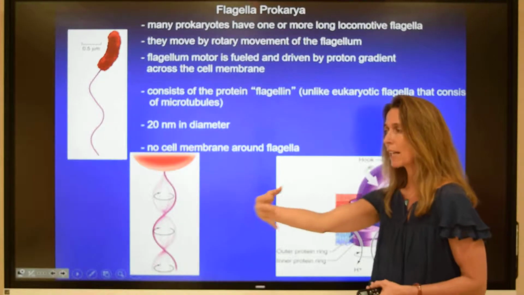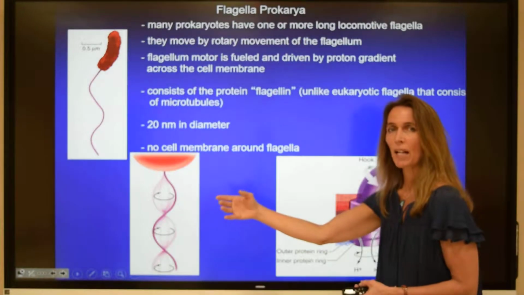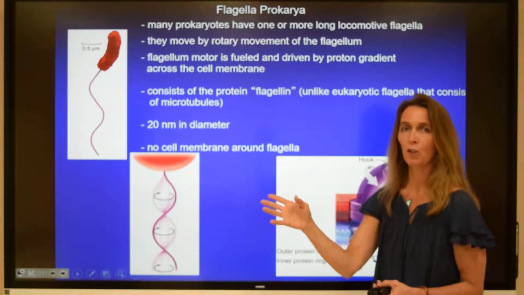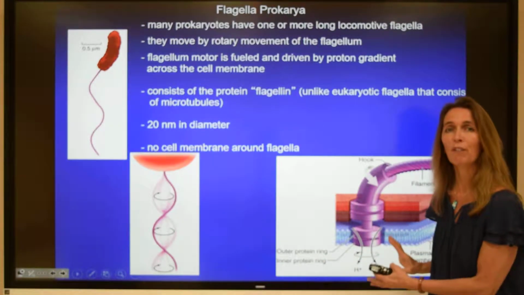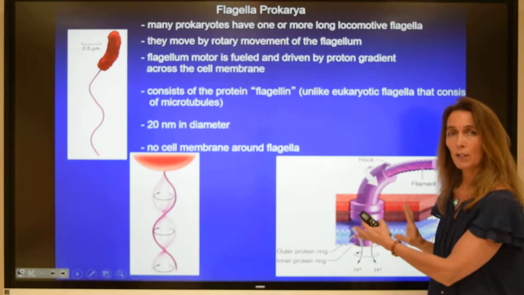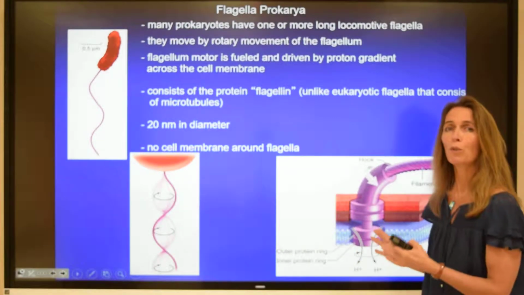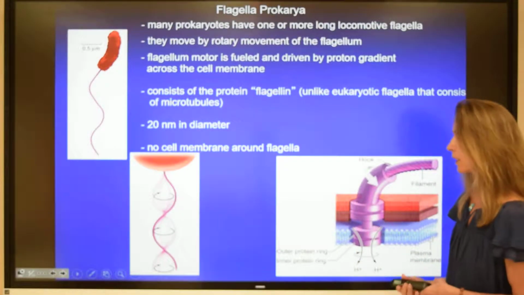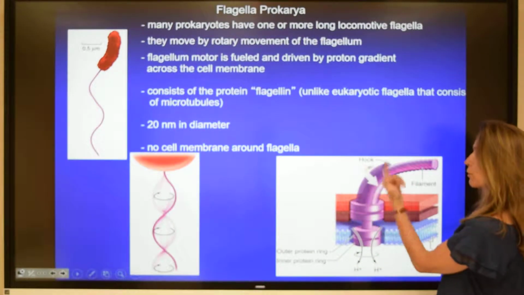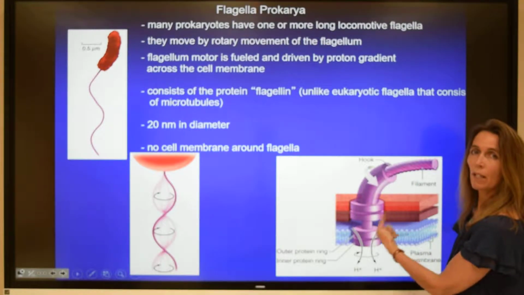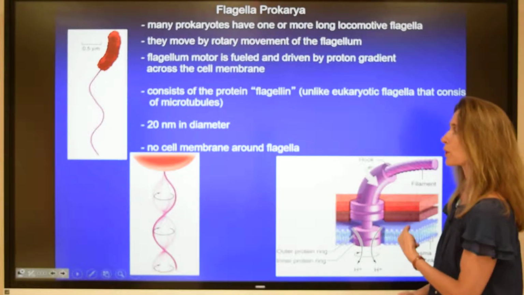Those flagella undulate from side to side, because the mechanism by which these flagella move is critically different between prokaryotic and eukaryotic organisms. Here we have a hydrogen gradient that causes the rotation of this flagellum, and for that reason we have a rotating flagellum.